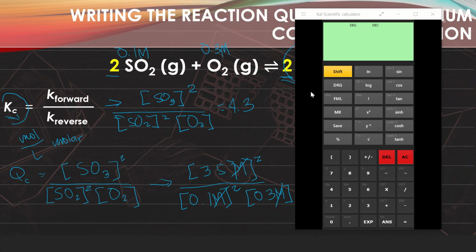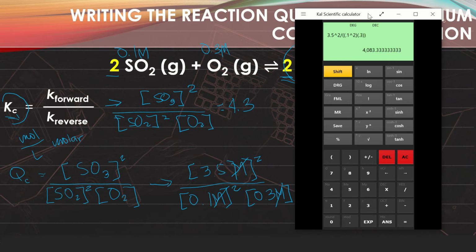So, by using our calculator, it will be 3.5 raised to the second power divided by 0.1 raised to the second power times 0.3.